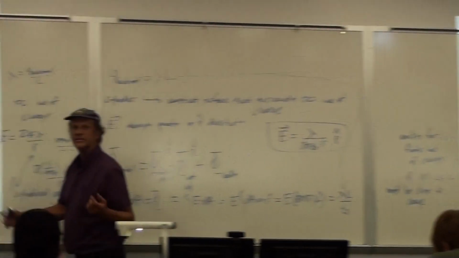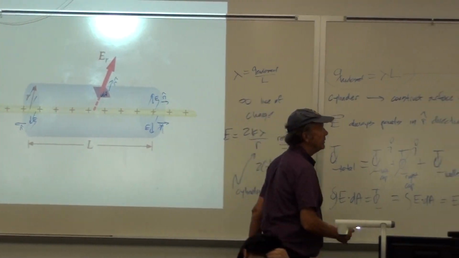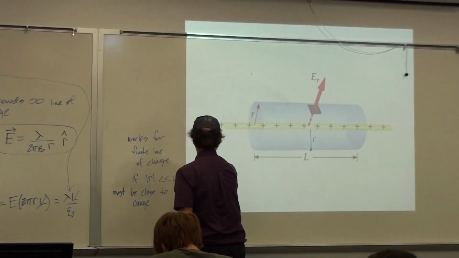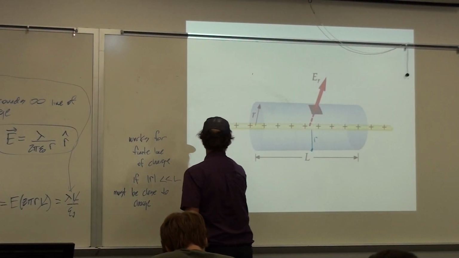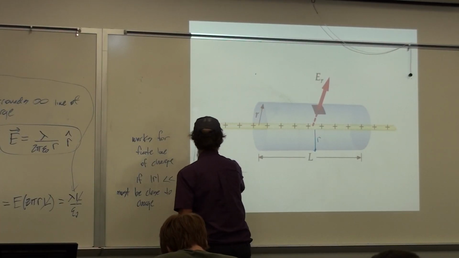And so when would we use this? Sounds kind of obscure. But we have things called cylindrical capacitors. In a cylindrical capacitor, you have a negative anode and a positive cathode that look like this.